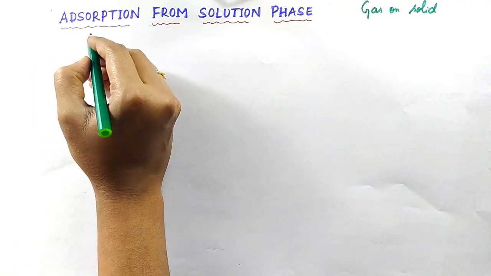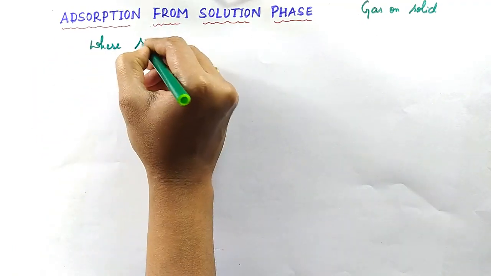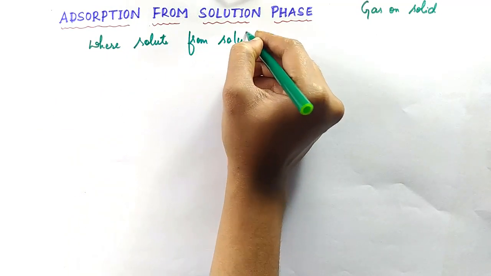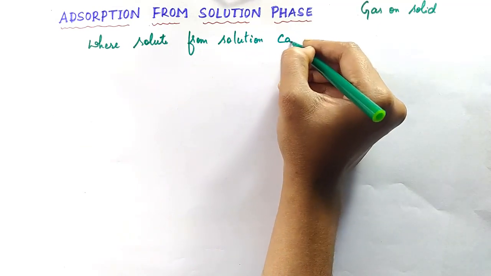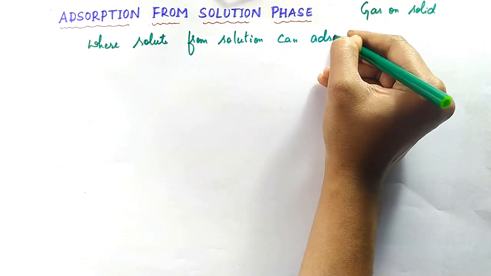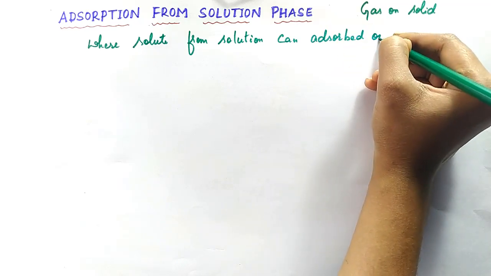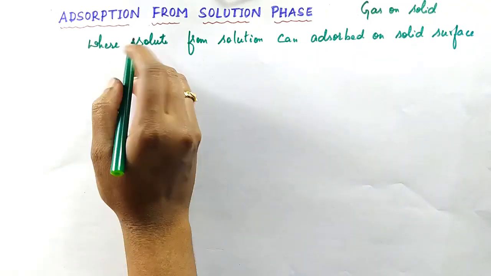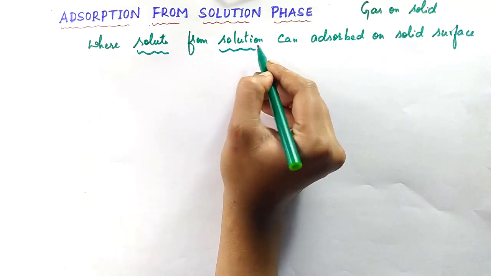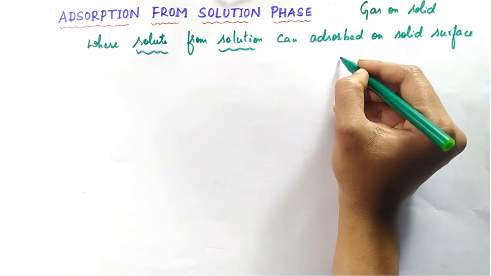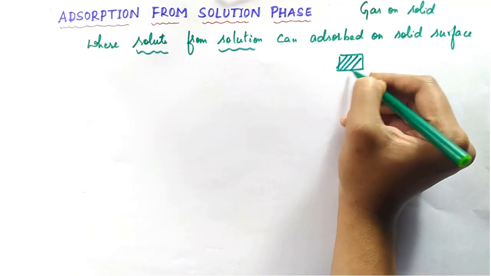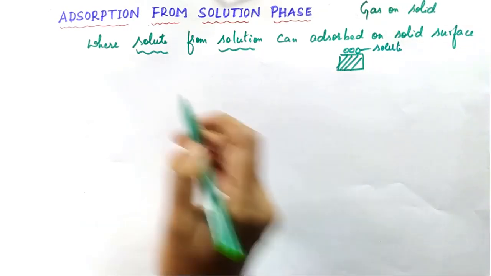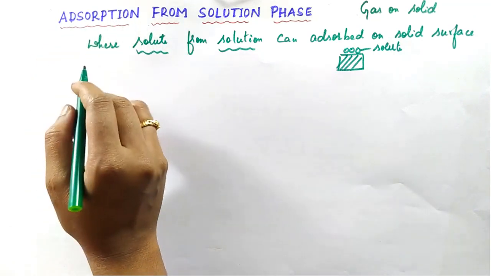That means the solute from the solution can adsorb on the solid surface. The solute is going to adsorb on the surface of the solid. Solute particles are discussed in adsorption from solution phase.